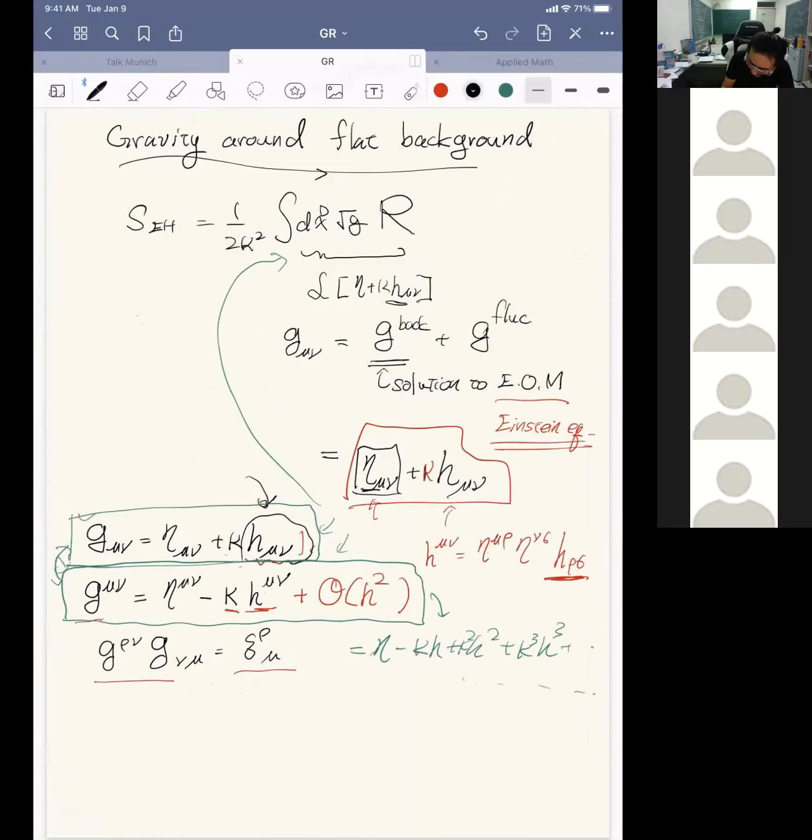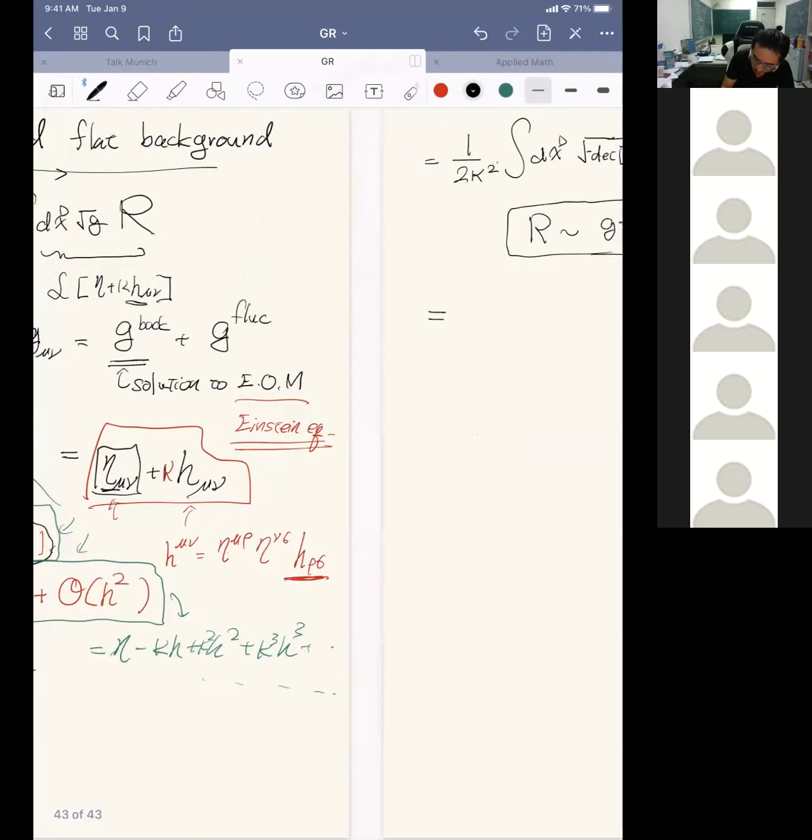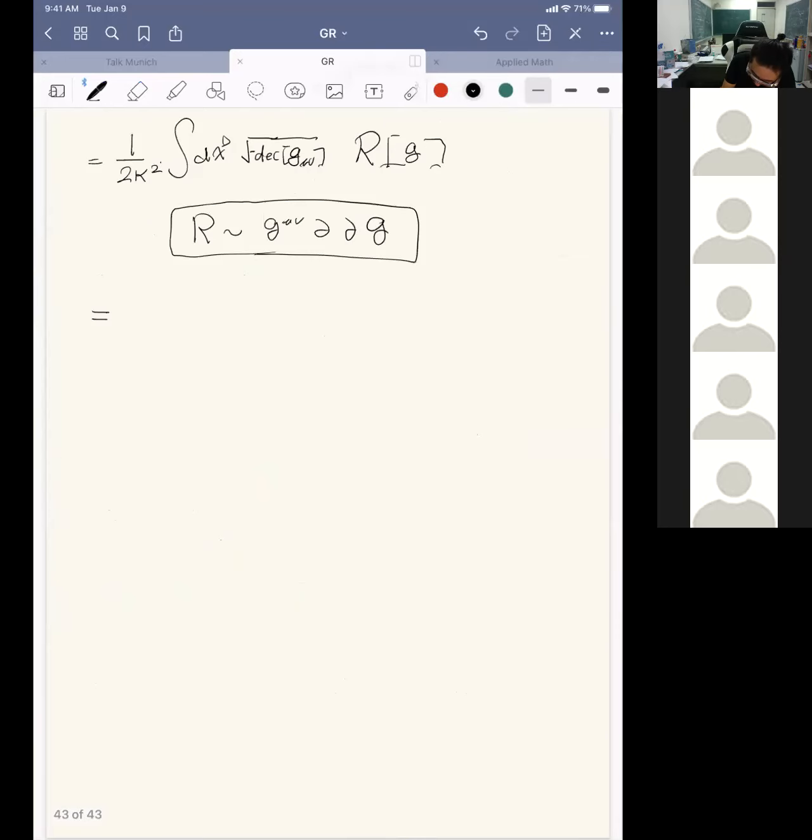If I have a kappa h and then a kappa h here, each h comes with this kappa. So at the quadratic order, you're going to get something like this. Right? So the kappa squared cancels, and you get the usual kinetic term for any field theory.